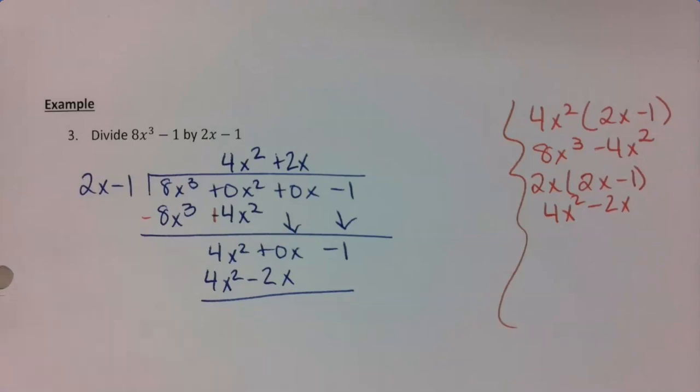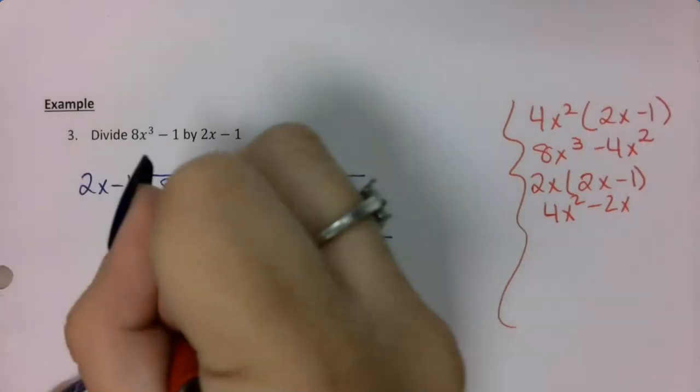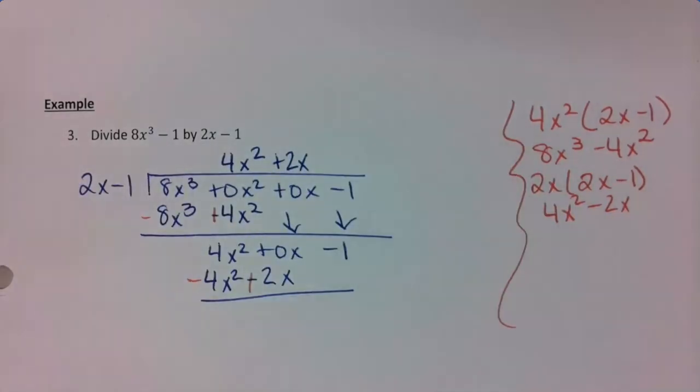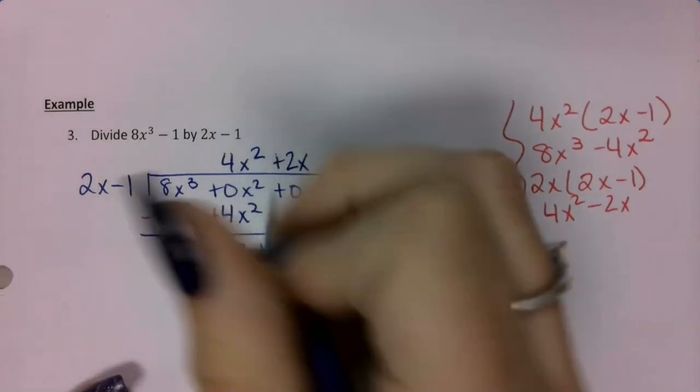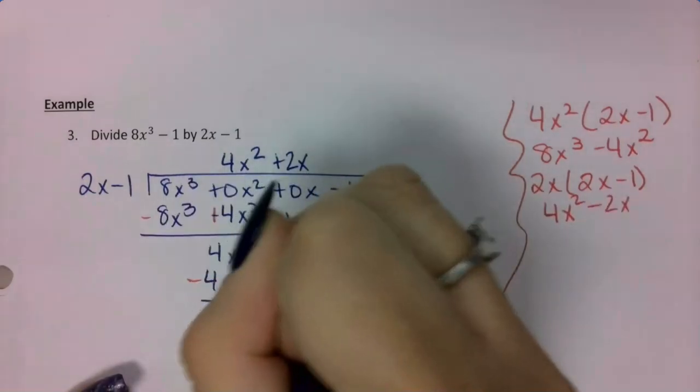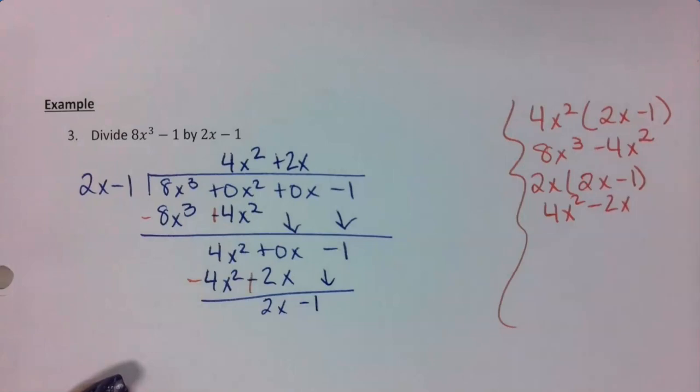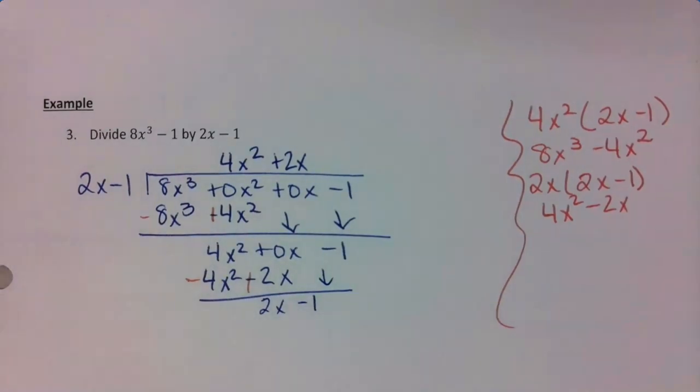Then I want to change my signs again. So I'm going to have negative 4x squared, positive 2x. This is going to cancel out my 4x squareds and leave me with 2x, and then I bring down that negative 1. Okay.